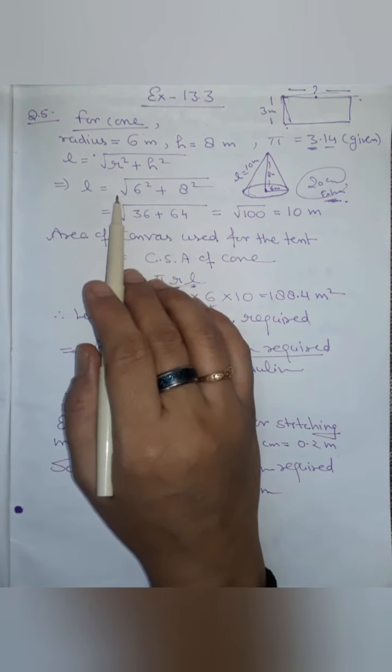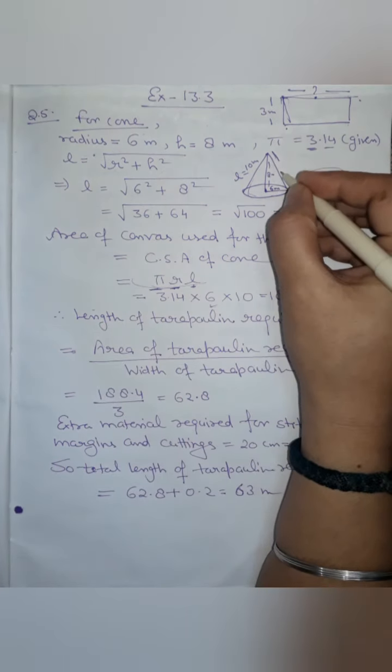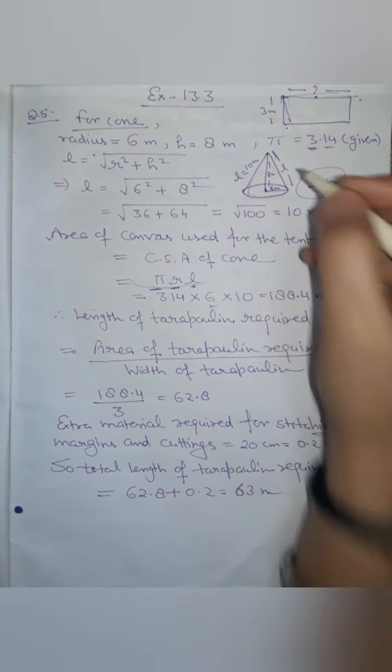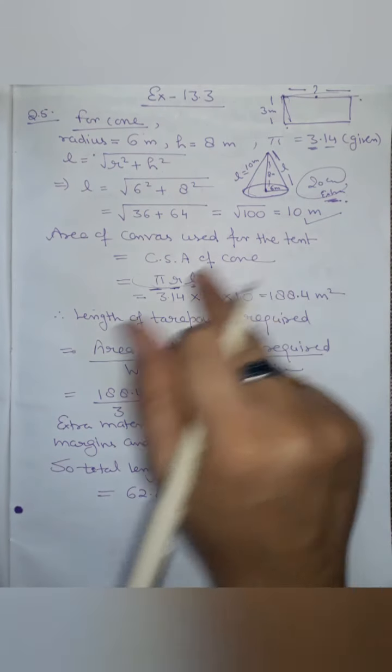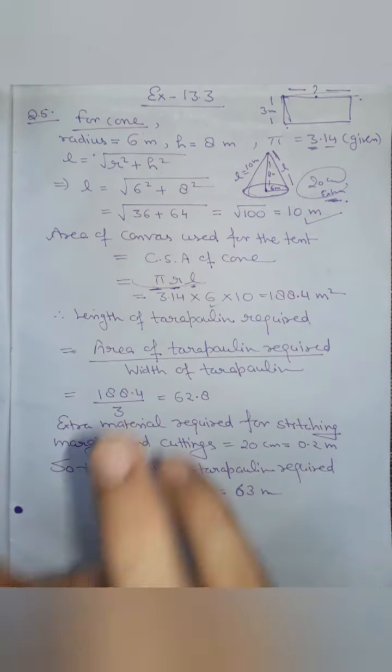So L is equal to square root of R square plus H square. This is L, slant height. This way we get L is equal to 10 meter. Now we can see that the units are same, so no need of conversion here.